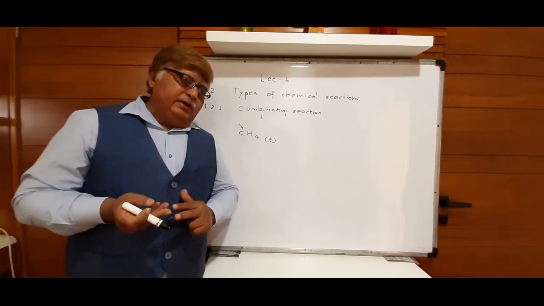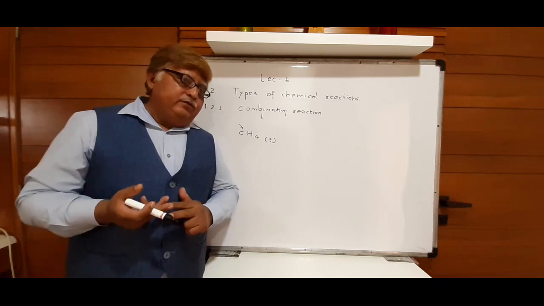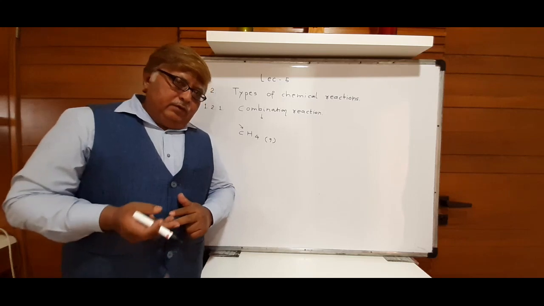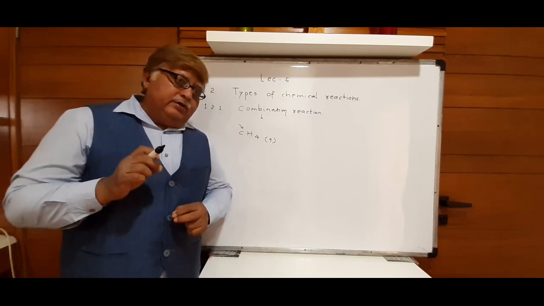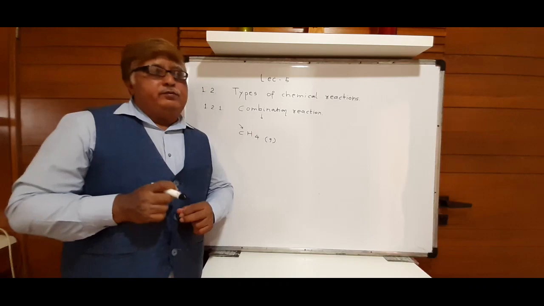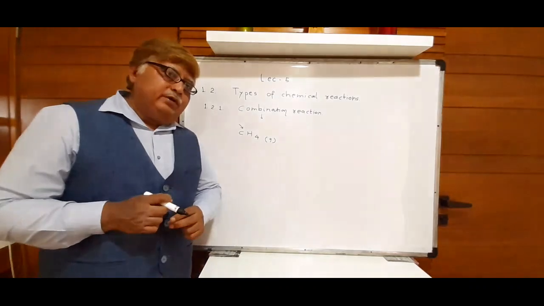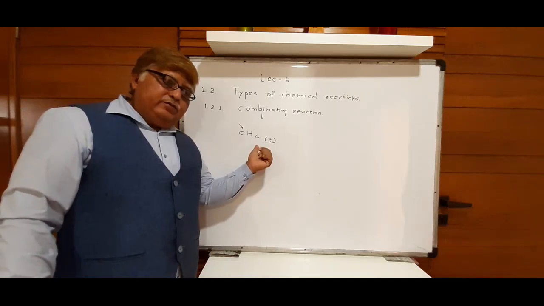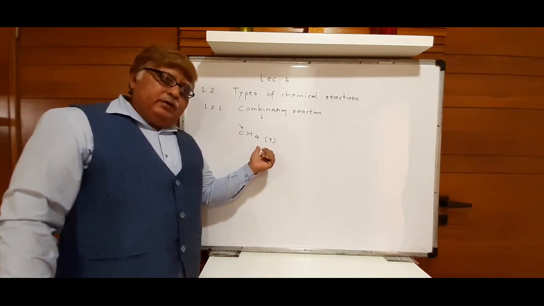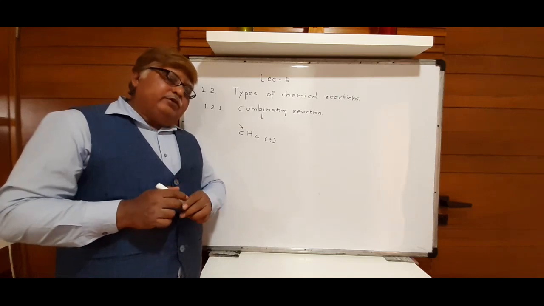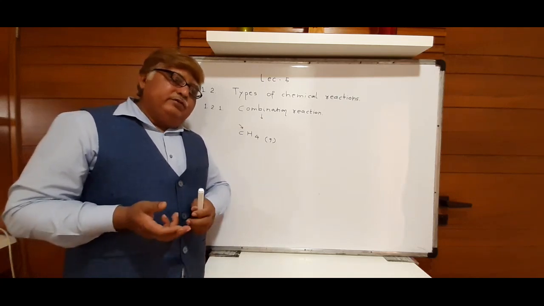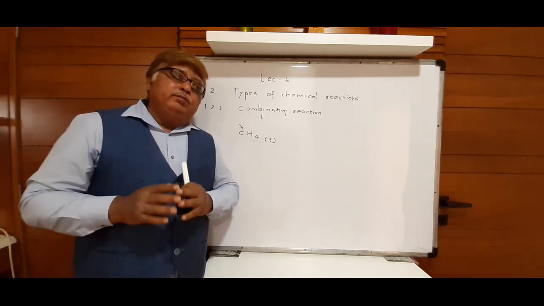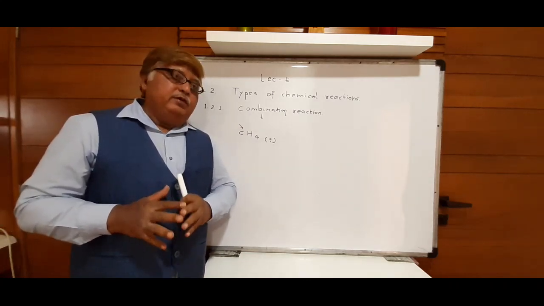So when you say that burning of natural gas is an exothermic reaction, at the same time when you say natural gas burns, meaning methane burns, there are no doubt some other constituent gases present in natural gas, but methane is one of the main constituents.